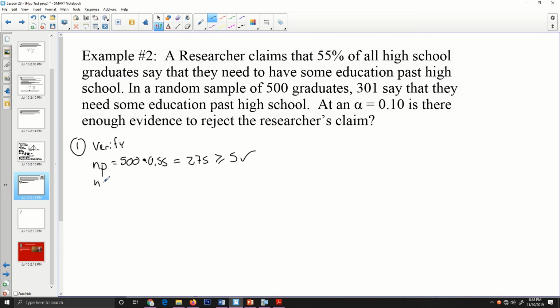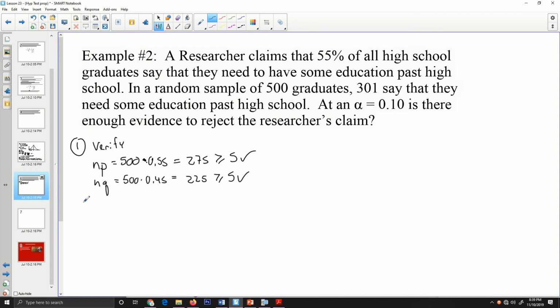And then if we go nq, that would be 500 times 0.45. Now that's going to be a little bit smaller, but clearly when you calculate 225 here, that's also greater than 5, so that's also good. All right, so thus p hat can be approximated by a normal distribution.